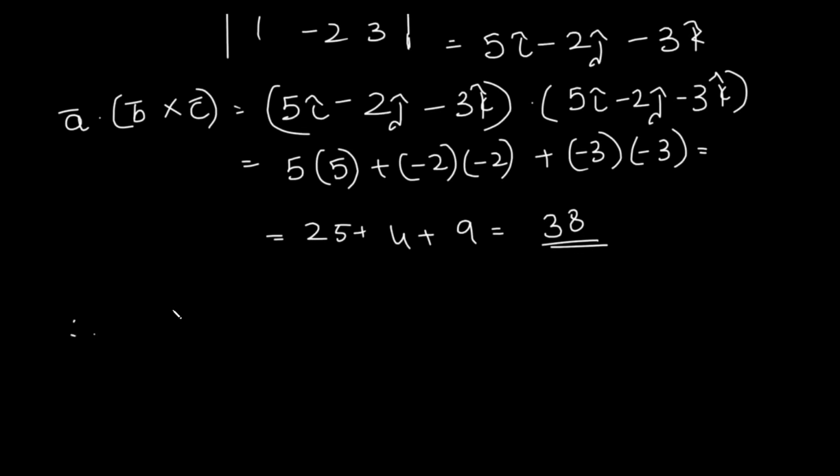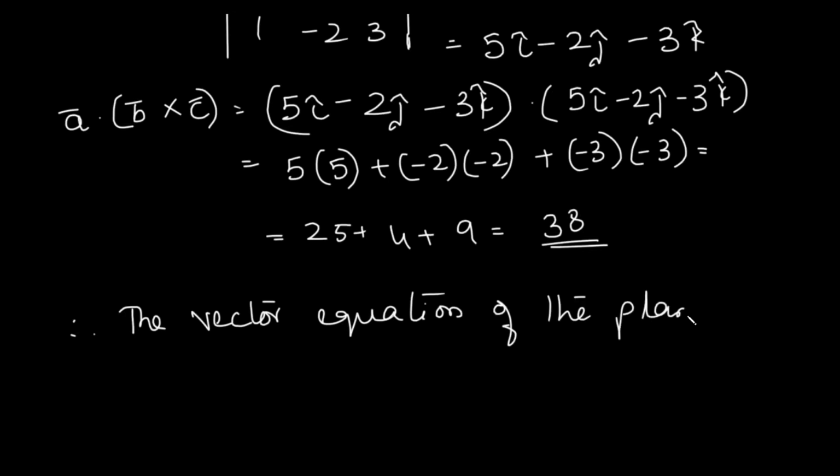Therefore the required equation can be written this way. The vector equation is r dot b cross c is equal to a dot b cross c.